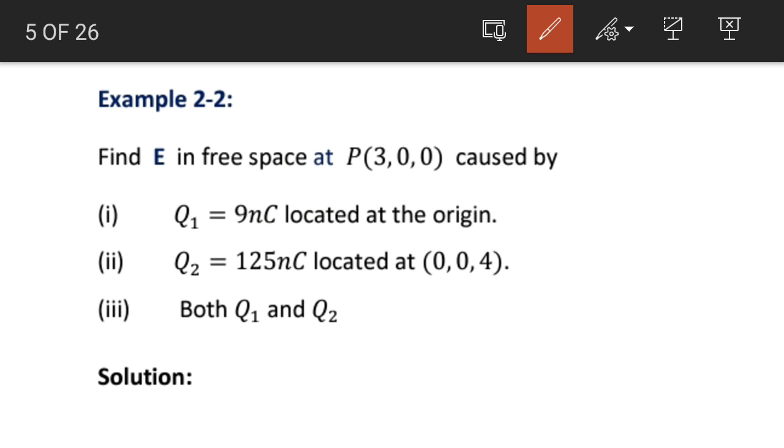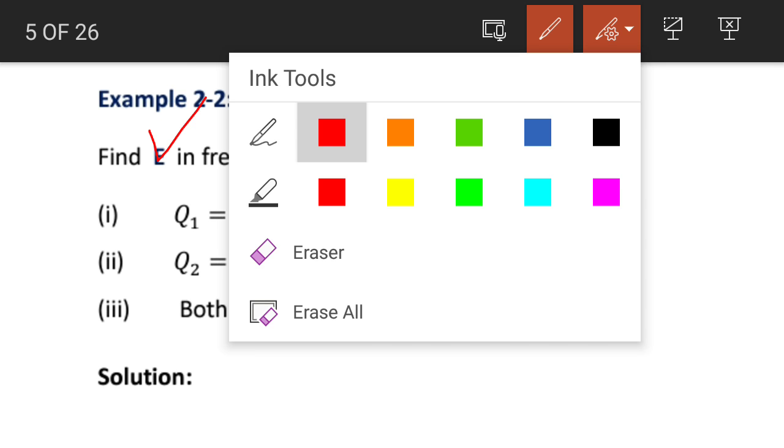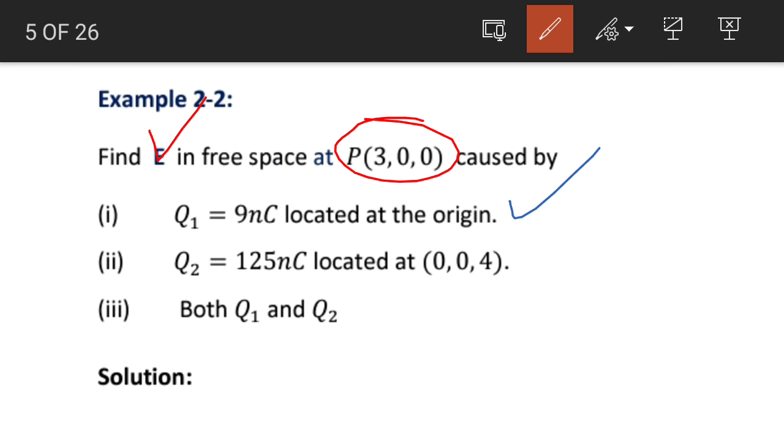In example number 2, we need to calculate the electric field intensity in free space at this particular point. The point is in the rectangular coordinate system, which is 3, 0, 0. So we need to calculate the electric field intensity at the given point caused by Q1. You see Q1 is 9 nanocoulomb and Q1 is located at the origin.